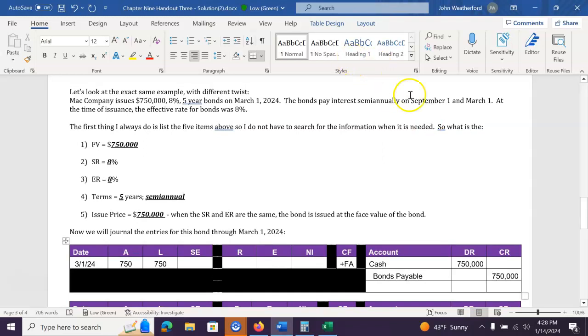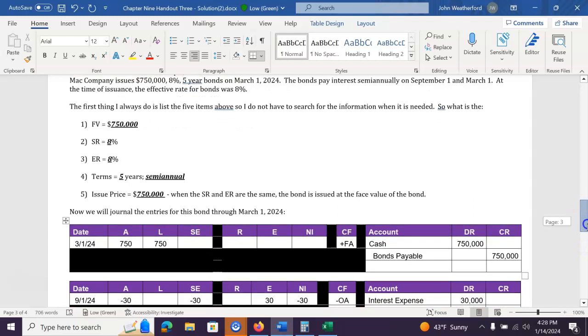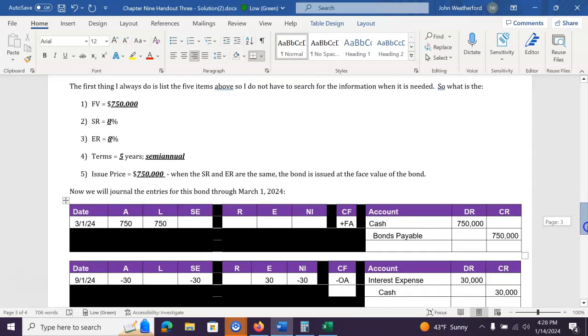Then the first interest payment date would be September 1st. And we debit interest expense and credit cash there for our 30 grand again. Remember, interest is an operating activity.